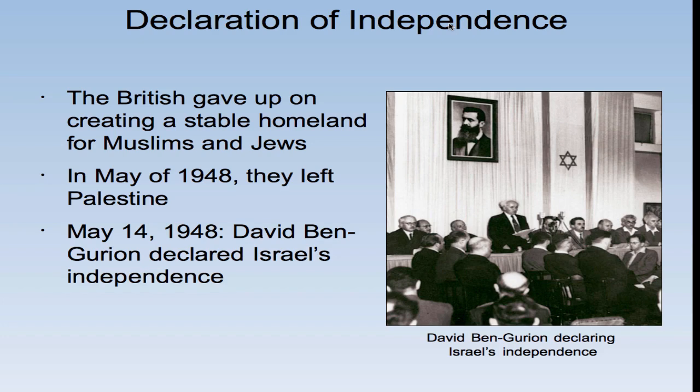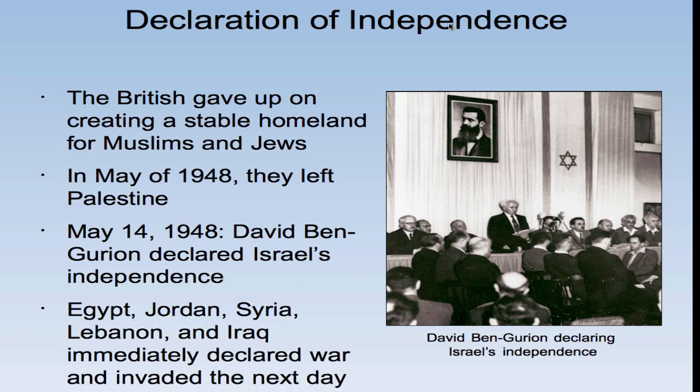Almost immediately after they left, on May 14, 1948, David Ben-Gurion, leader of the Jewish provincial government, formally declared Israel's independence. What happened next was that Egypt, Jordan, Syria, Lebanon, and Iraq immediately declared war against the newborn state and invaded it the very next day.